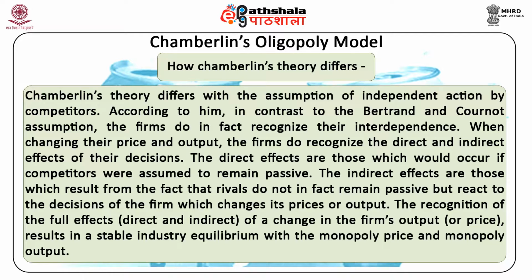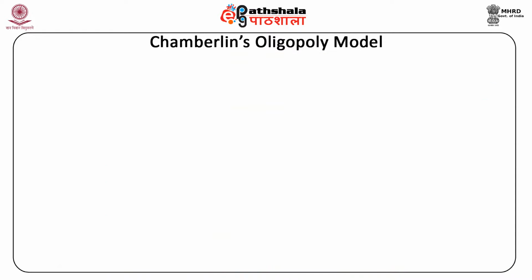Chamberlain assumes that the monopoly solution, with industry or joint profits being maximized, can be achieved without collusion. The entrepreneurs are assumed to be intelligent enough to quickly recognize their interdependence, learn from their past mistakes and adopt the best for all position, which is charging the monopoly price.